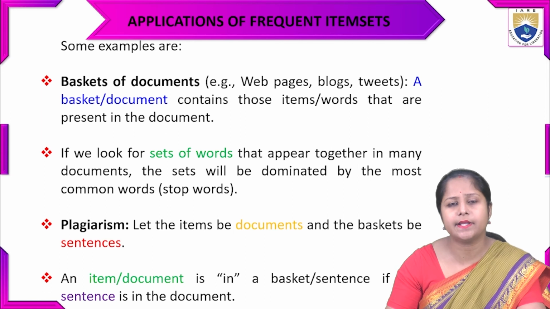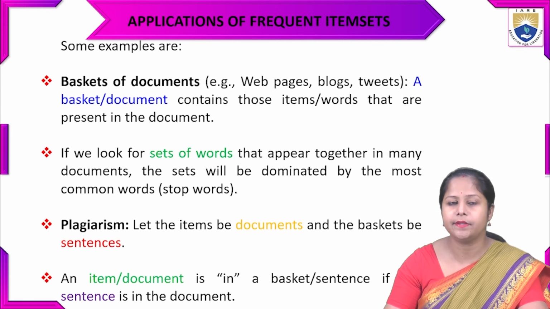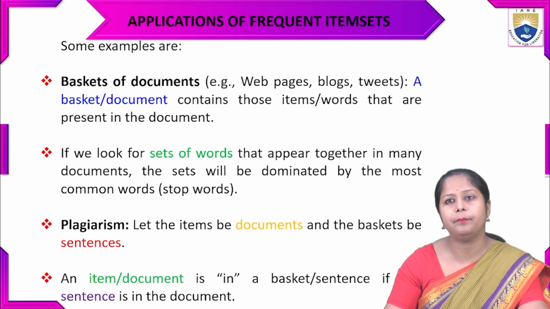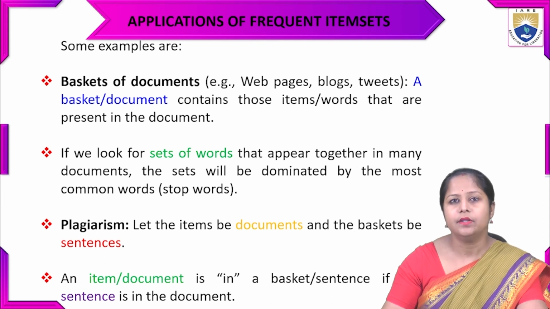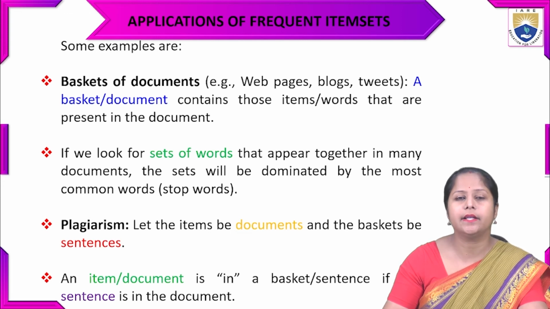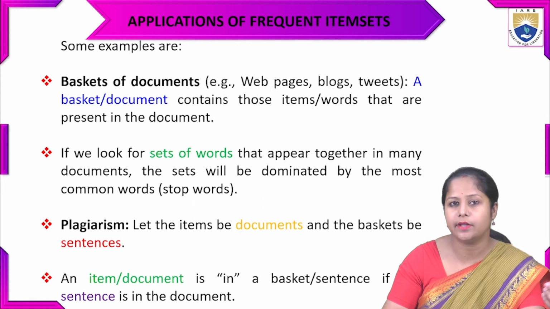Some other examples are also there. In the first example, the baskets are documents, such as web pages, blogs and tweets. The basket of a document contains the items, which are the words present in that document.